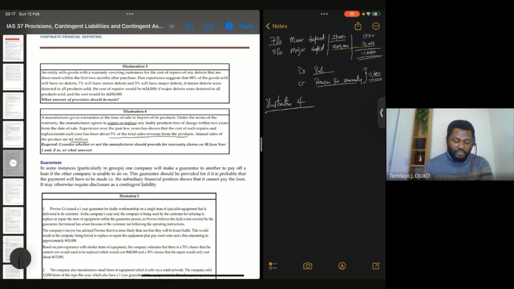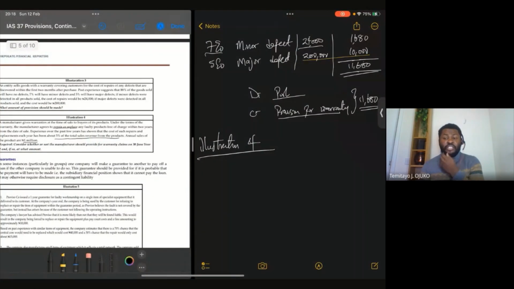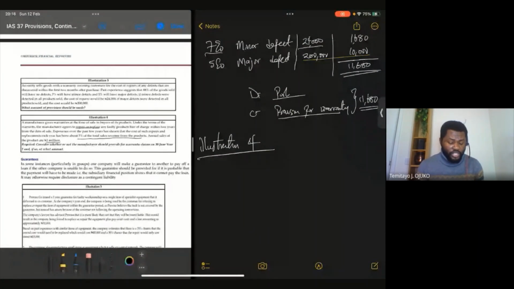Consider if the manufacturer should provide for warranty as at the end of the period. Now, why should the manufacturer do that? Because in the first place, there are terms of warranty which have brought about the present obligation. The obligating event is a warranty in terms of the warranty.